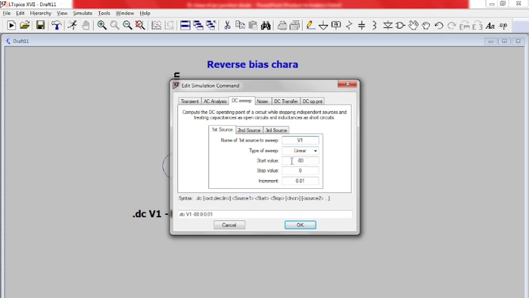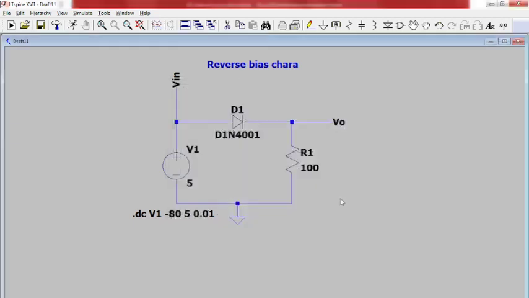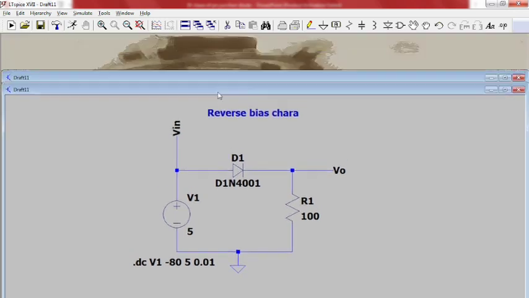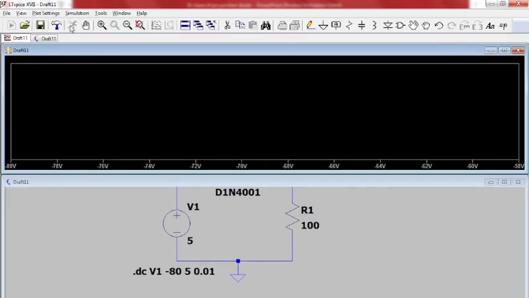The start value we can put as -80 and the stop value just put up to 5 volt, because the diode voltage will be maximum 0.7, just to go beyond 0.7. Then click simulation.